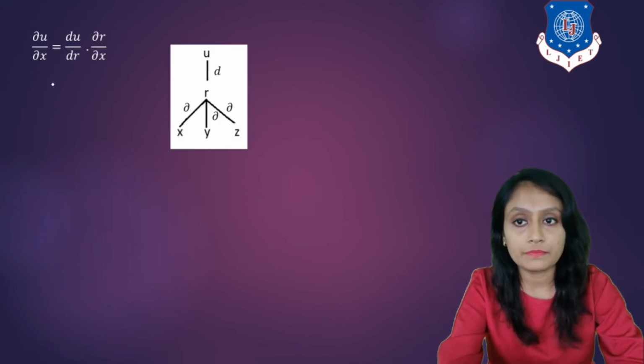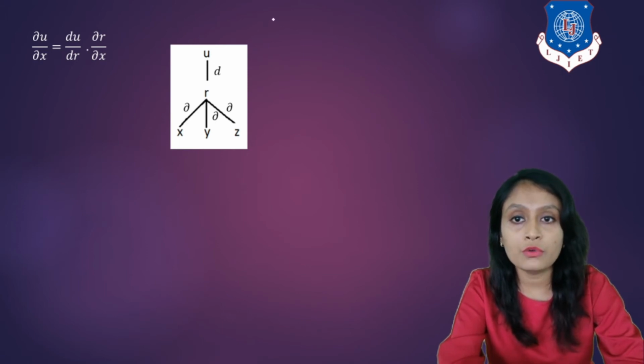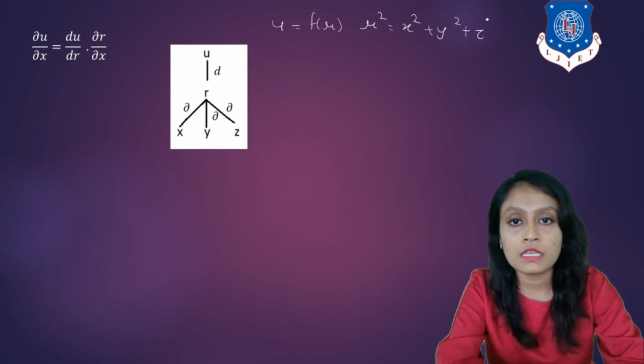Okay, next we have to find del u by del x. Now we know that this u is a function of r and r square is equal to x square plus y square plus z square. So u is a function of r, so we will write this, u is a function of r and r is a function of x, y and z, so we will write like this.